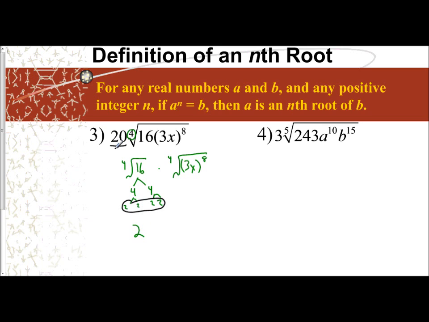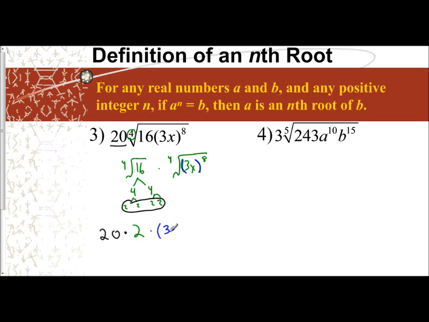Remember that 20 is on the outside, so I'm going to bring it down so I don't forget about it. And now we have the fourth root of our quantity, 3x to the 8th. Remember, it's the entire parentheses being raised to the 8th power. So we just need to know how many sets of these parentheses do we have? How many sets of 4? Well, how many times does 4 go into 8? It goes in there twice.